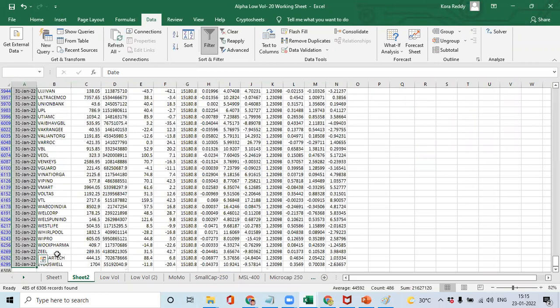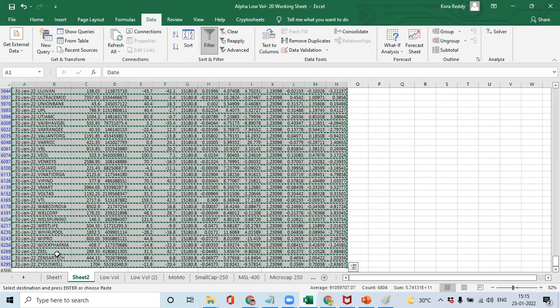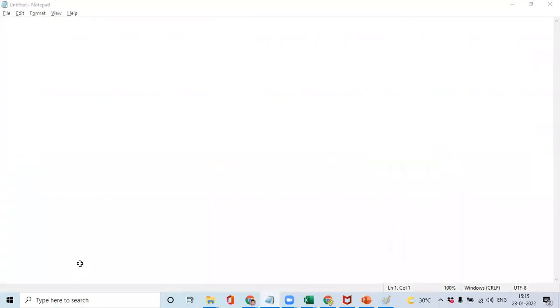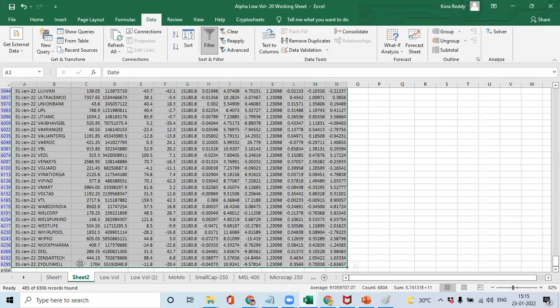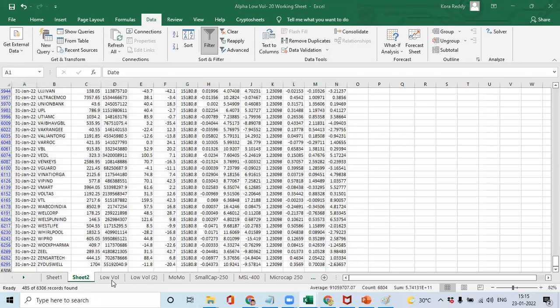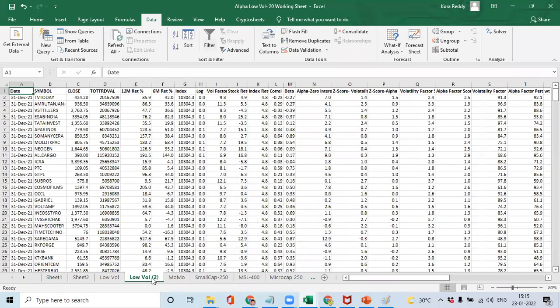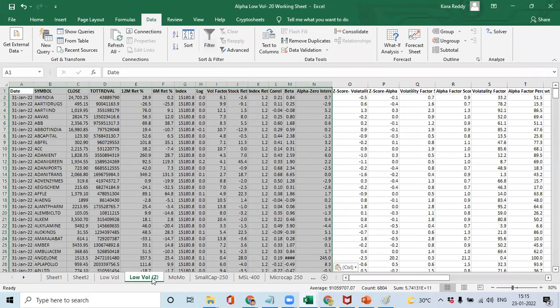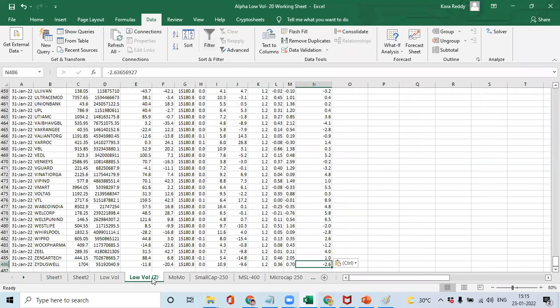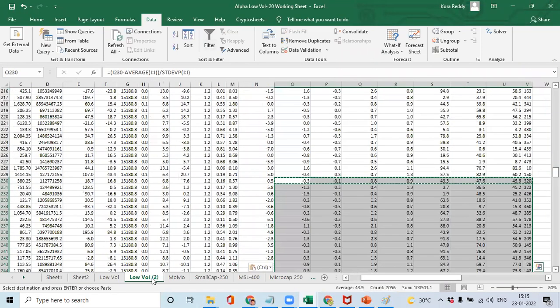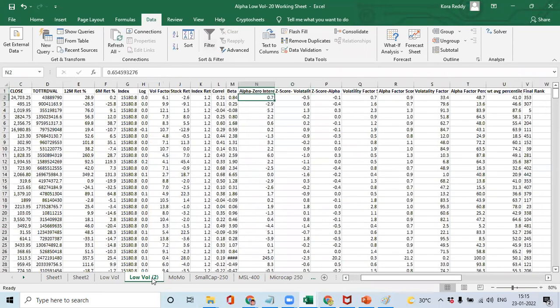So you should have 500 or whatever, the 400 odd. And simply paste here. So this data is alpha with 0 interest rate.